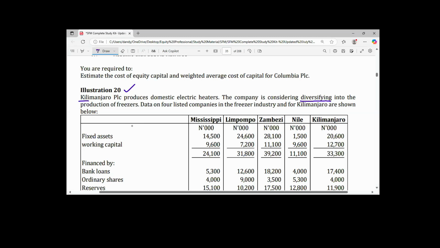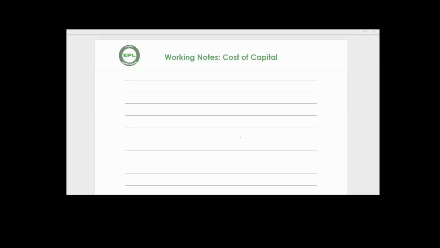At times it could be only one proxy company, but in this particular question, we are given four different proxy companies. So without wasting more time, let's solve. We've already identified from the question that we want to calculate project-specific cost of capital. So I will stop sharing this and move to the working notes. So, solution to illustration number 20.